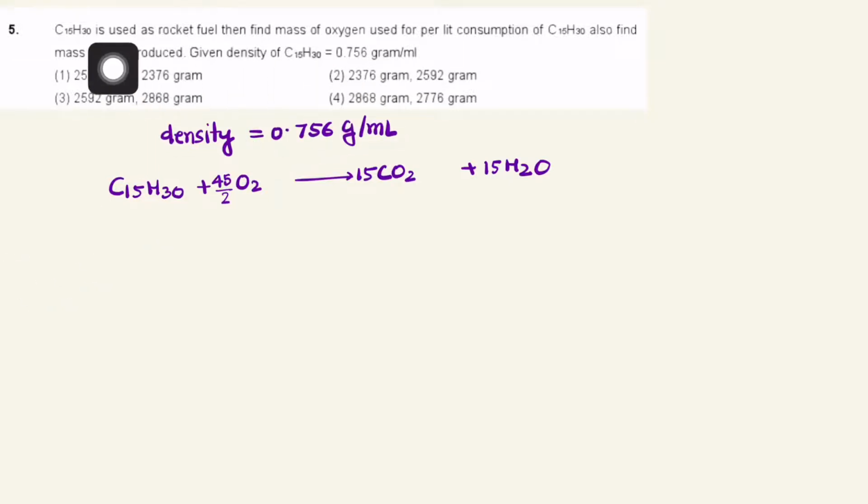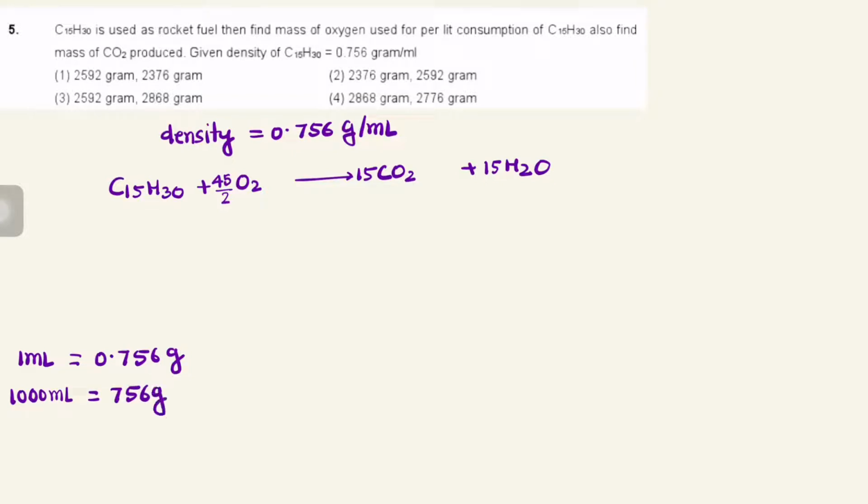Now what we need to calculate is the mass of oxygen used per liter consumption of this fuel. Okay, so listen, density is this much, so we can say 1 ml of this fuel is equal to 0.756 gram. So 1000 ml, that is 1 liter, is equal to how much? 756 gram.